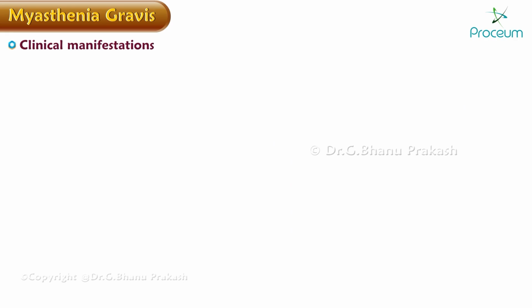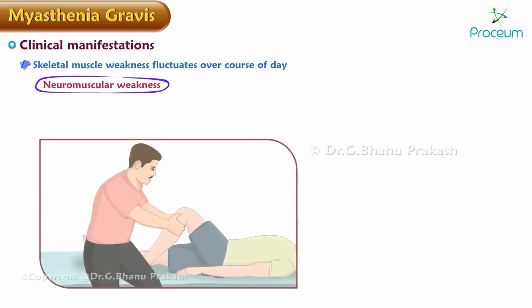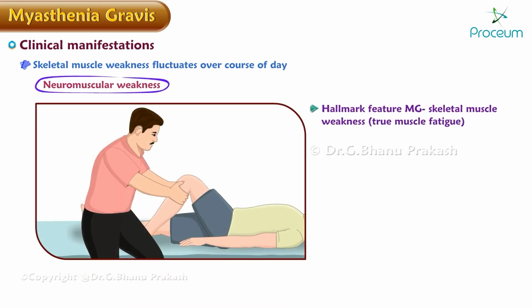Clinical manifestations. Myasthenia gravis is characterized by skeletal muscle weakness that fluctuates over the course of a day. Neuromuscular weakness. The hallmark feature of myasthenia gravis is skeletal muscle weakness, often with true muscle fatigue. Muscle fatigue is characterized by worsening contractile force of the muscle, not a sensation of tiredness.